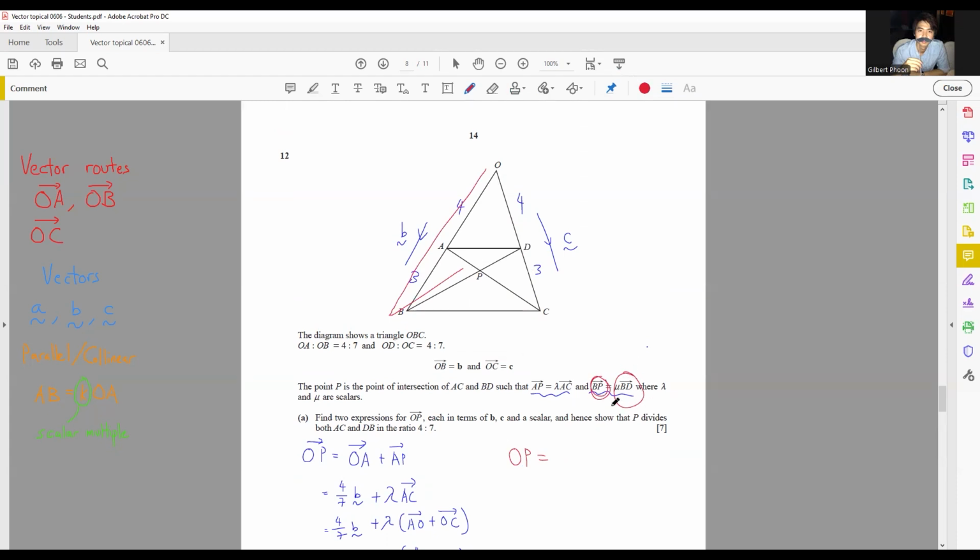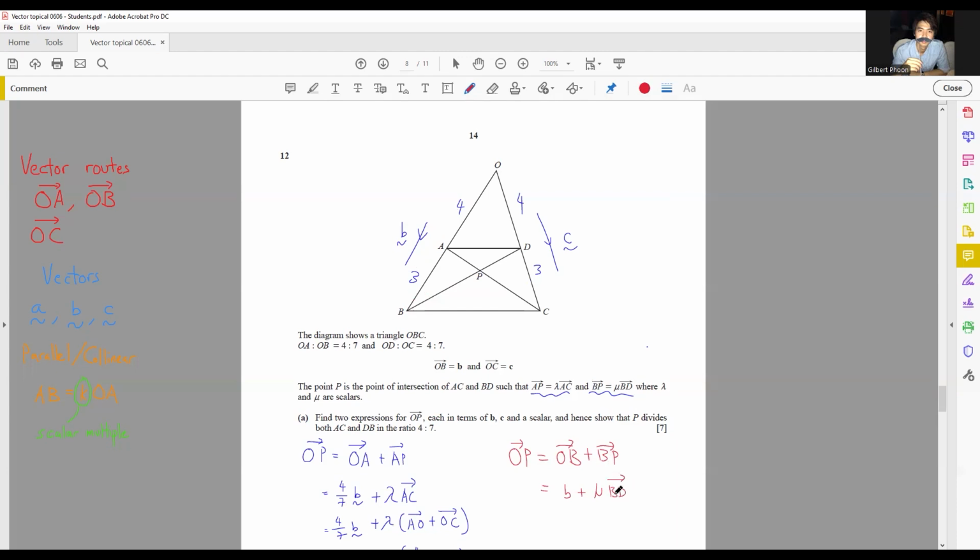So you have to find the clues of which route you use from your question. Okay, so OP in this case is O to B plus B to P. Okay, exactly what we mentioned here. So to simplify, O to B is just B, right? Plus B to P, which was mu of B to D.